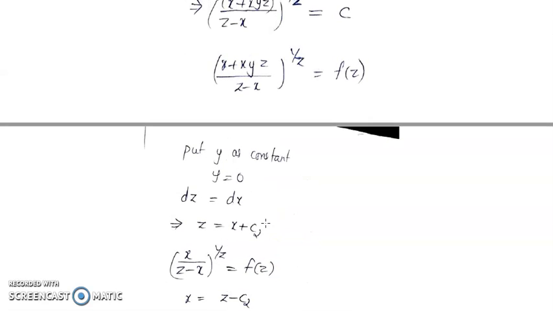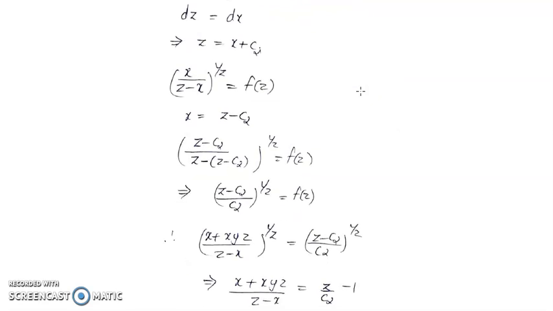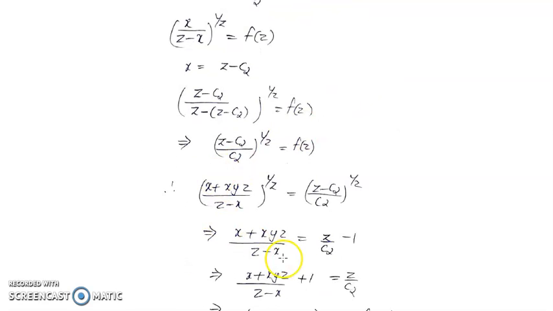Now substitute the value of f of z back in this equation and replace f of z. So that is going to give x plus xyz by z minus x whole raised to 1 by z equal to z minus C2 by C2 whole raised to 1 by z.